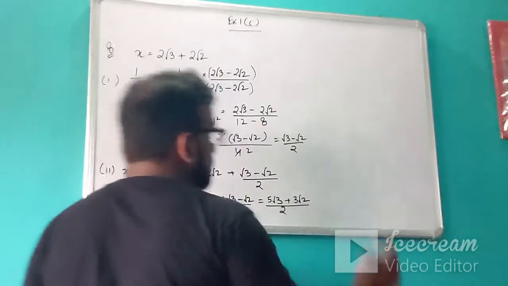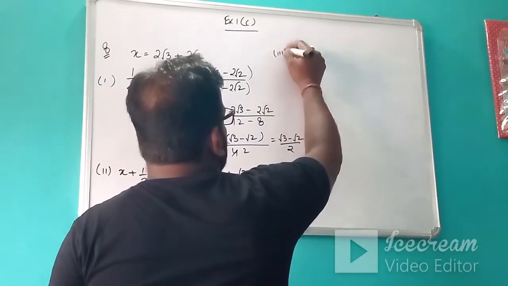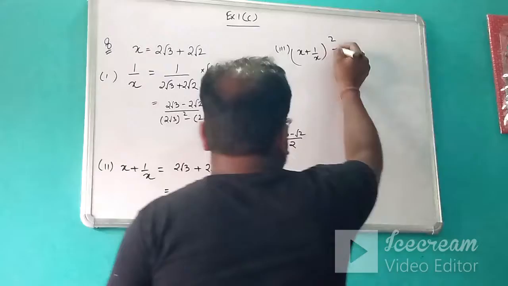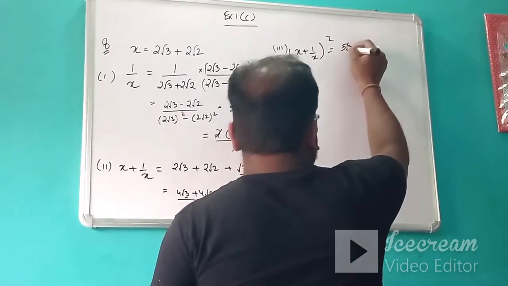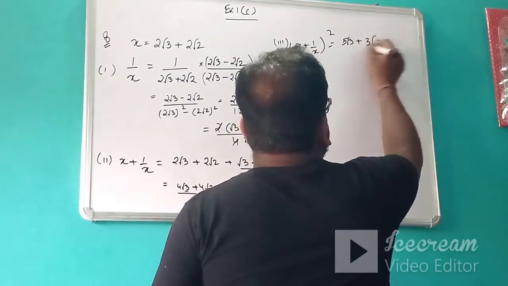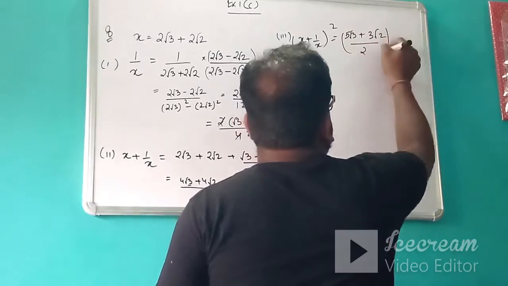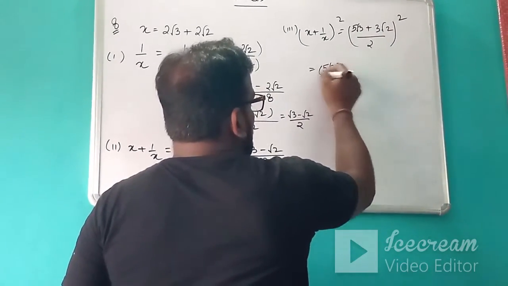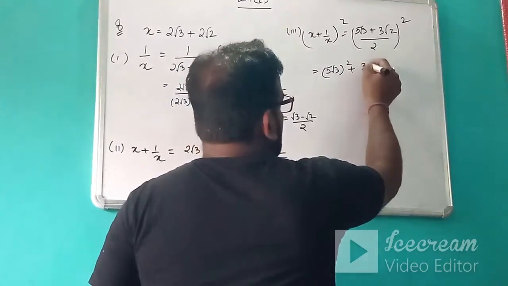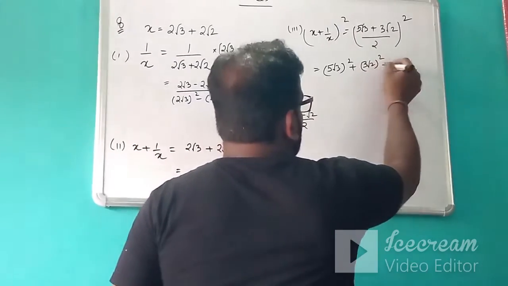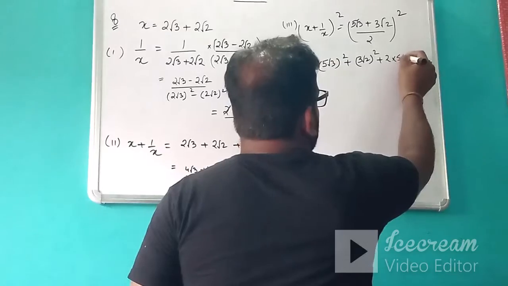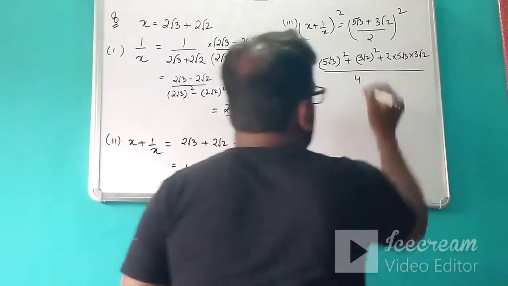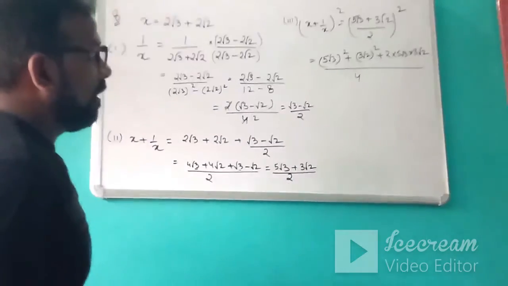The last thing asked is the square of this. So you calculate the square using a square plus b square plus 2 into a into b, upon 4. Okay, like this.